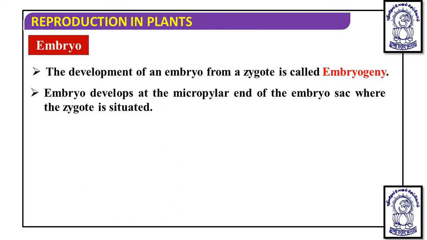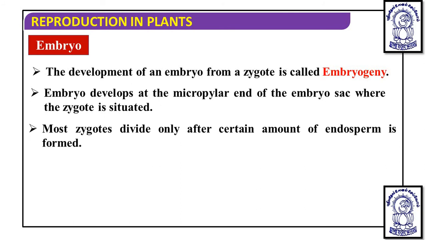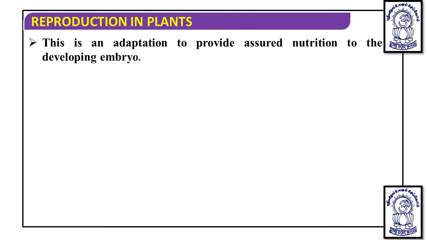So obviously the embryo gets developed from that, so the embryo should also be present at the micropylar end. Most zygotes divide only after a certain amount of endosperm is formed, and the zygote will give rise to the embryo.